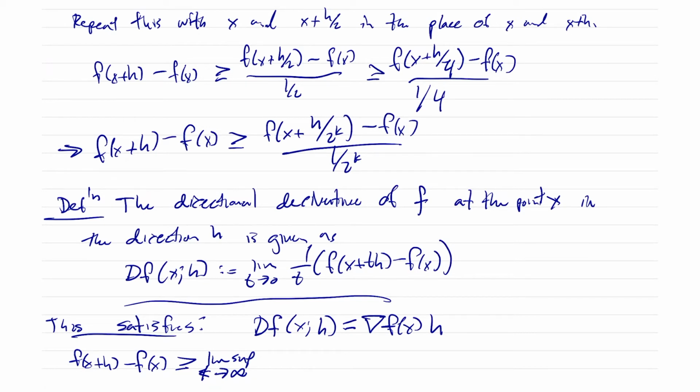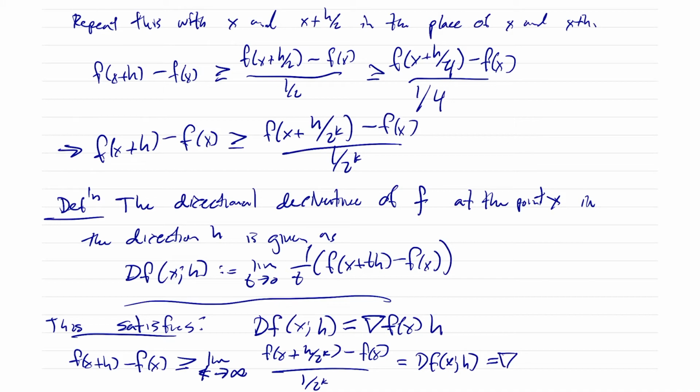So we get f of x plus h divided by 2 to the k minus f of x divided by 1 over 2 to the k. And so that is equal to df(x; h), because it's silly to talk about the limsup in here anyway. The limit exists. We know it's differentiable.